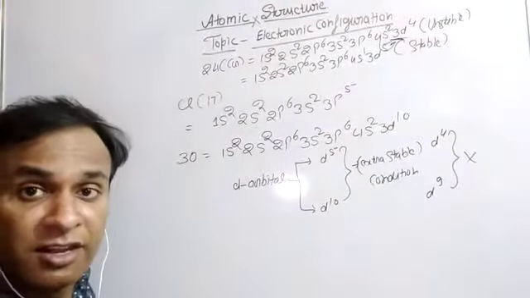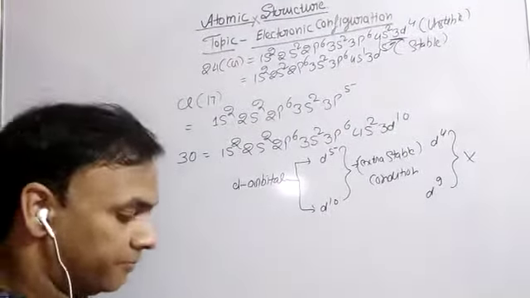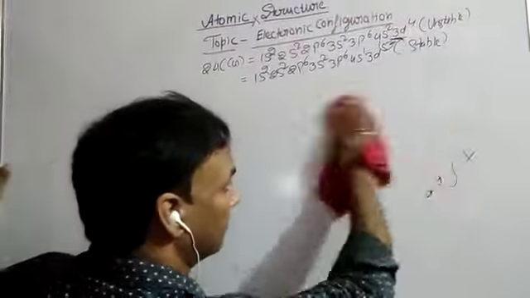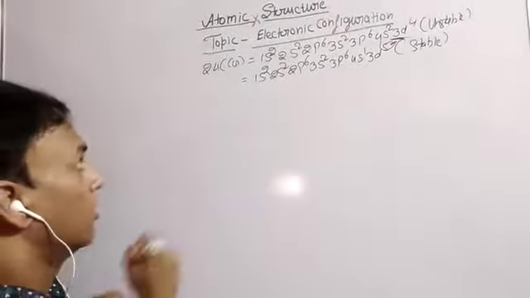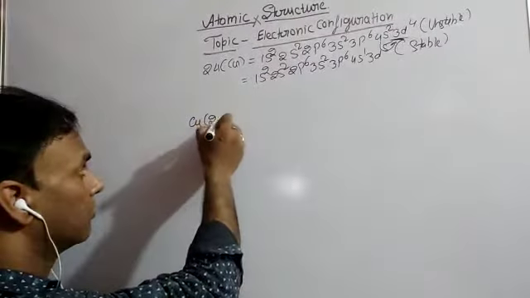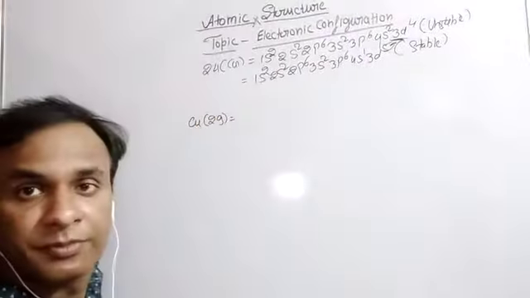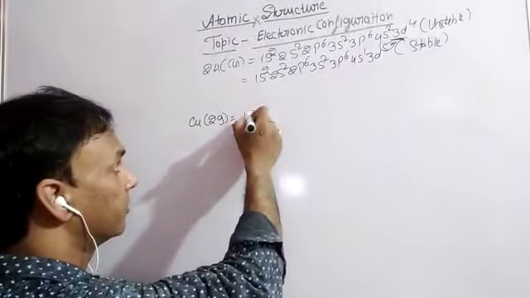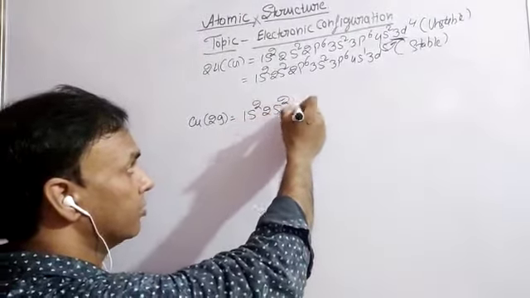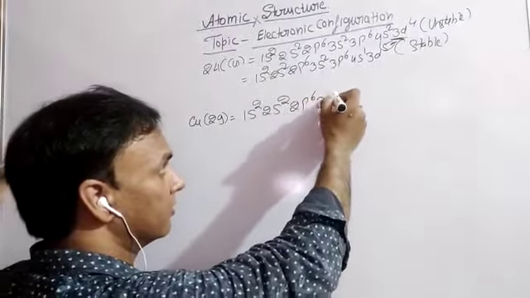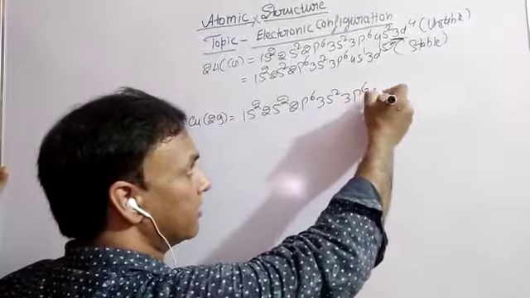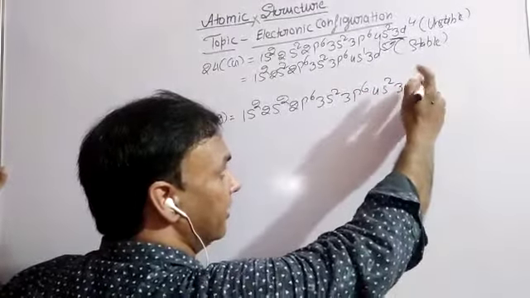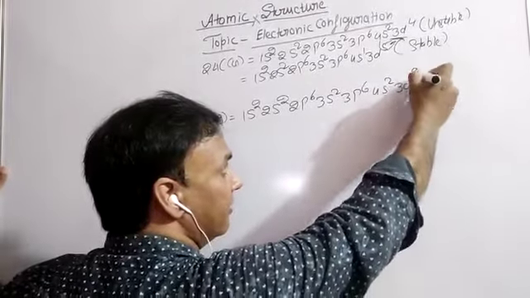Similarly, when we talk about copper, 29, let's do the configuration: 1s2, 2s2, 2p6, 3s2, 3p6, 4s2 and 3d9.